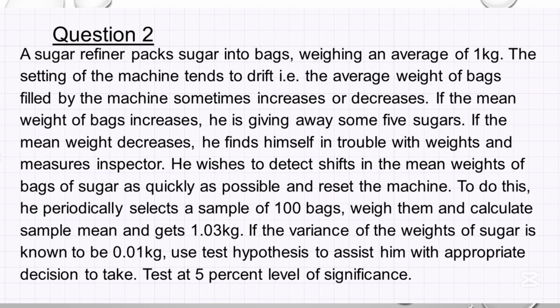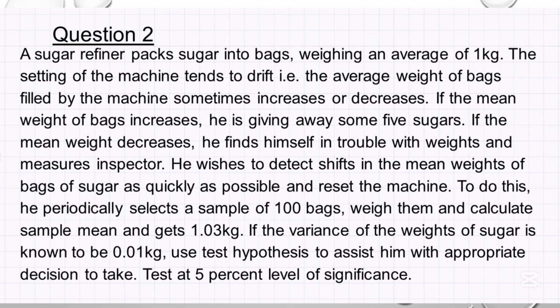He wishes to detect shifts in the mean weight of bags of sugar as quickly as possible and reset the machine. To do this, he periodically selects a sample of 100 bags, weighs them, calculates the sample mean and gets 1.03 kg. If the variance of the weight of sugar is known to be 0.01 kg, use hypothesis testing to assist him with the appropriate decision to take. Test at 5% level of significance.